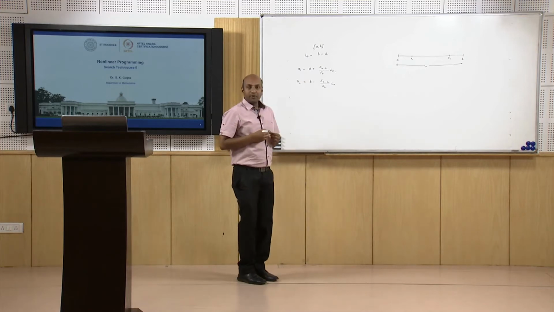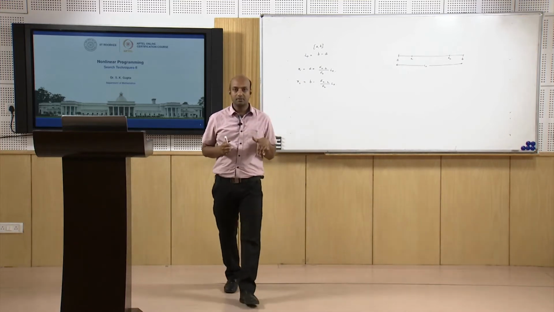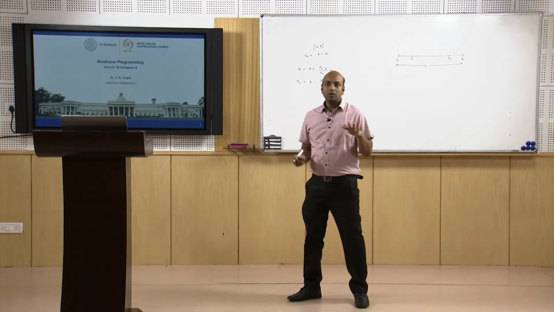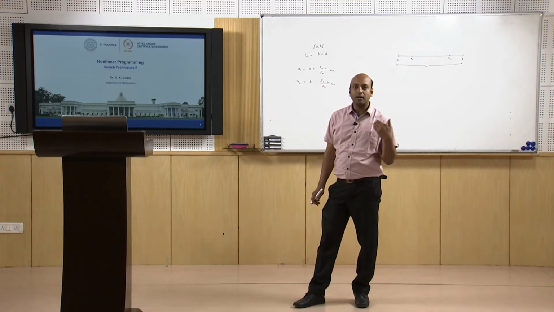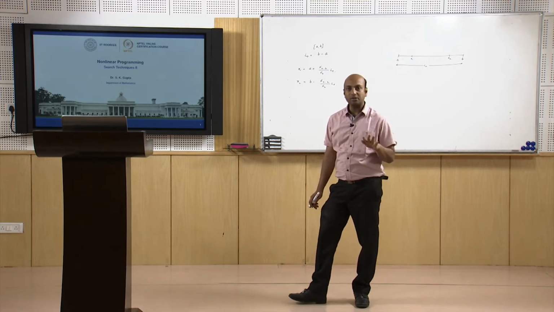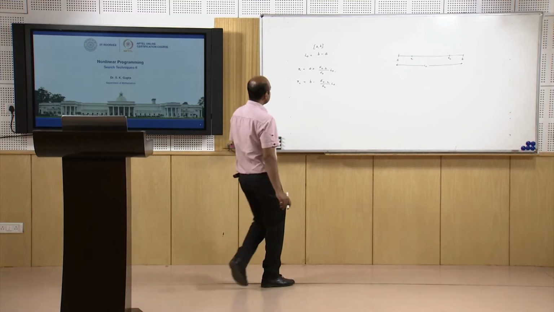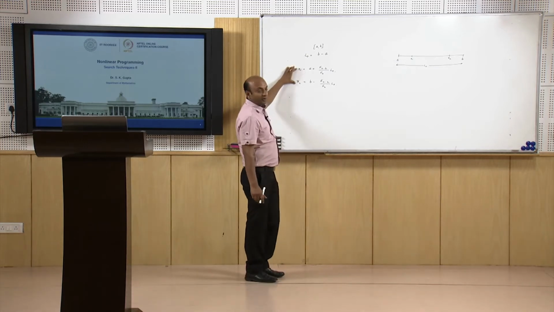So that is how we find the two experiments. Here n, the number of experiments to be performed, is given to us, and based on this we find the first two experiments x1 and x2.